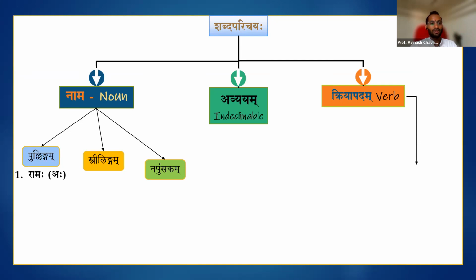So one among these is a. Second is harihi. This word hari is ending with i, so there will be some words ending with i, like harihi, kapihi, dhurjatihi, etc. So ikaranta is the second category.